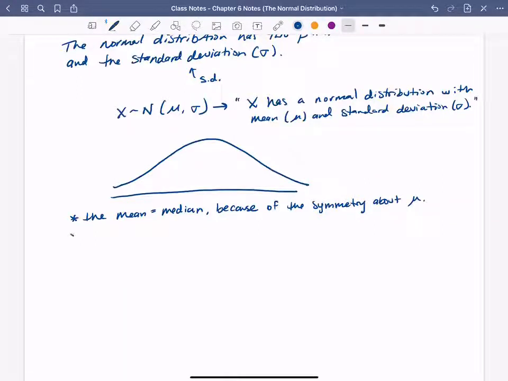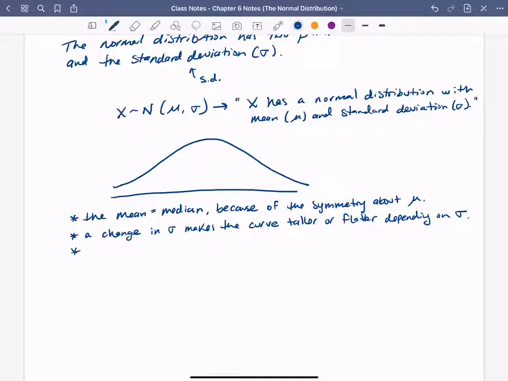Right? A couple more things. A change in the standard deviation makes the curve taller or flatter, depending on what happens to the standard deviation.